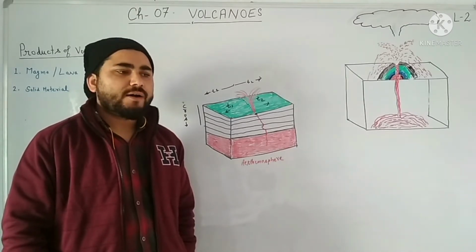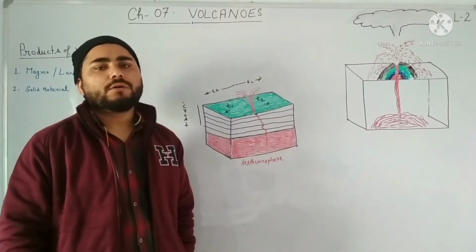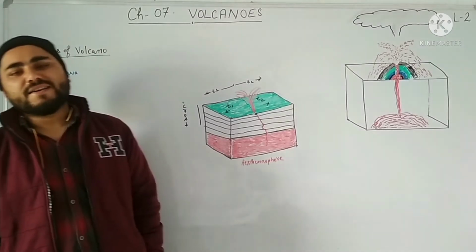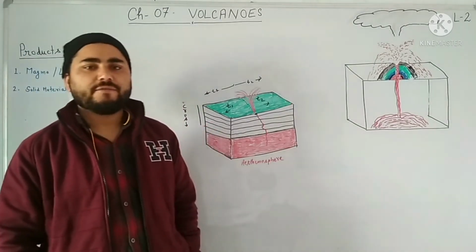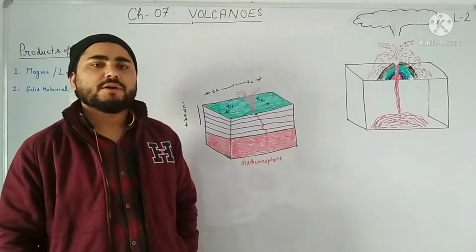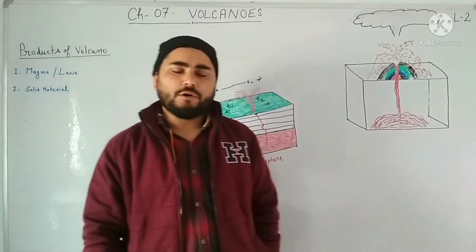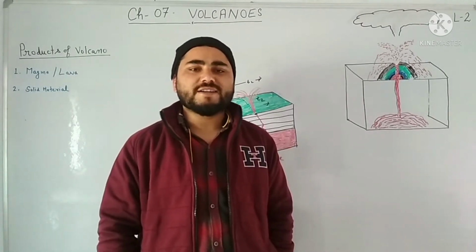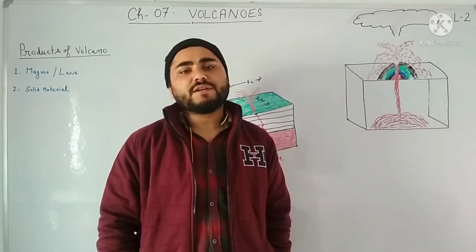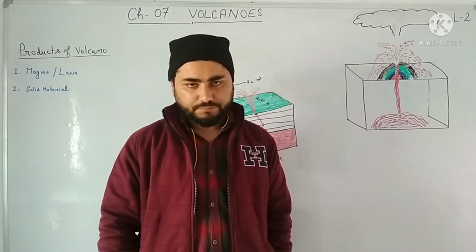Okay, the molten rocks are called magma when they are inside the earth surface, and when this magma, or you can say the very fiery hot molten rocks of reddish color, reach the surface of the earth, they are called lava, right?